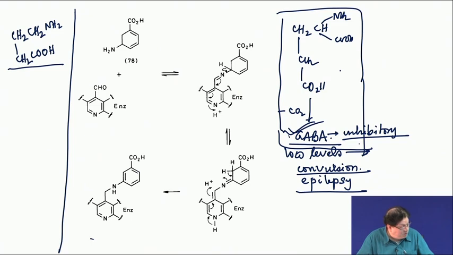Now, how is the concentration of GABA maintained? This is very important. You need to know not only how it is generated, you also need to know how it is degraded. Like acetylcholine is generated and then its degradation is by the enzyme acetylcholine esterase. Dopamine is generated from L-tyrosine, its degradation is by monoamine oxidase.